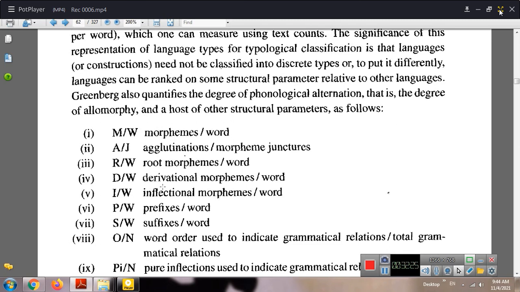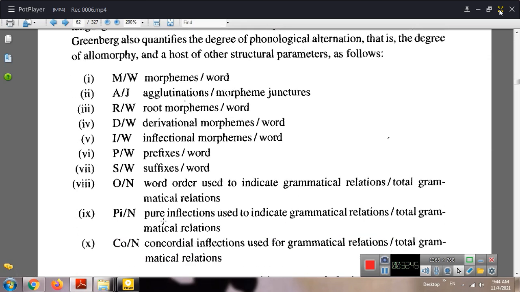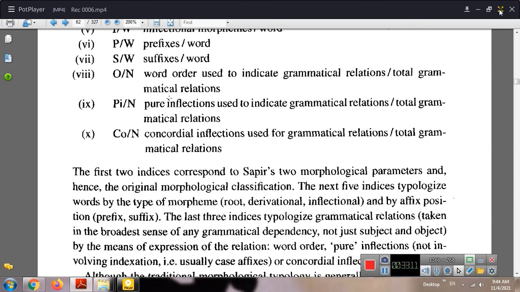The second, agglutination, morpheme juncture, root morphemes per word, derivational morphemes per word, inflectional morphemes per word, prefixes per word, suffixes per word, ON, which is word order used to indicate grammatical relation, total grammatical relations, PIN, which is pure inflections used to indicate grammatical relation, total grammatical relations, CON, which is concordial inflections used for grammatical relation, total grammatical relations.